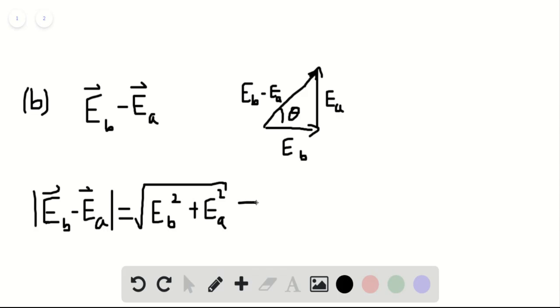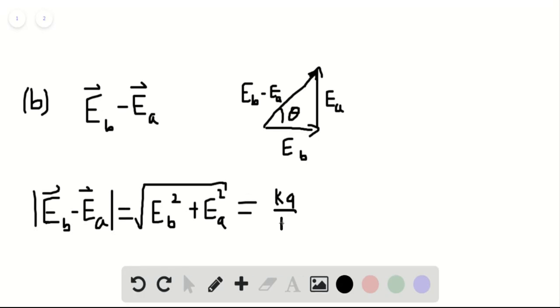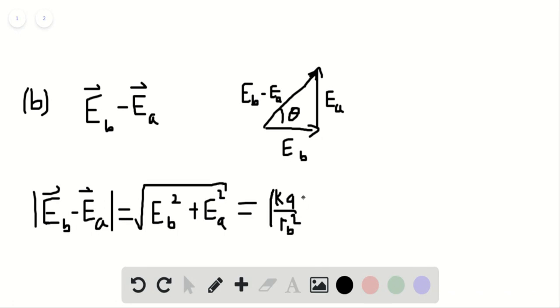Okay, well, what's the equation for an electric field? The equation for electric field is K, which is 1 over 4 pi epsilon naught, times the charge Q, which we were given, divided by the distance squared. So this would be R sub B squared. Okay, and then this is all squared because it's E sub B squared.